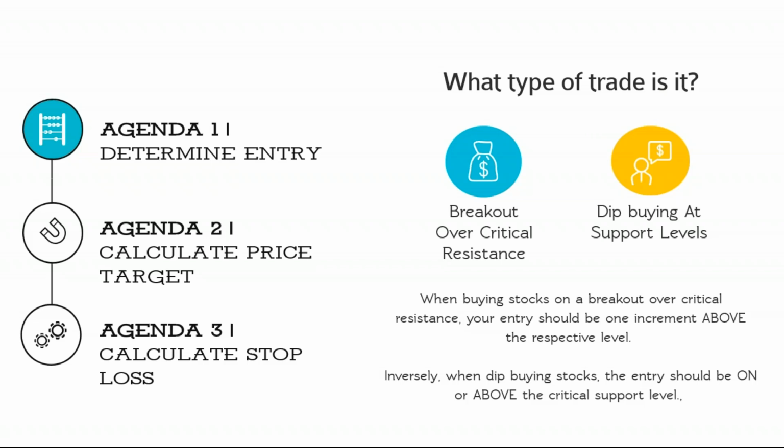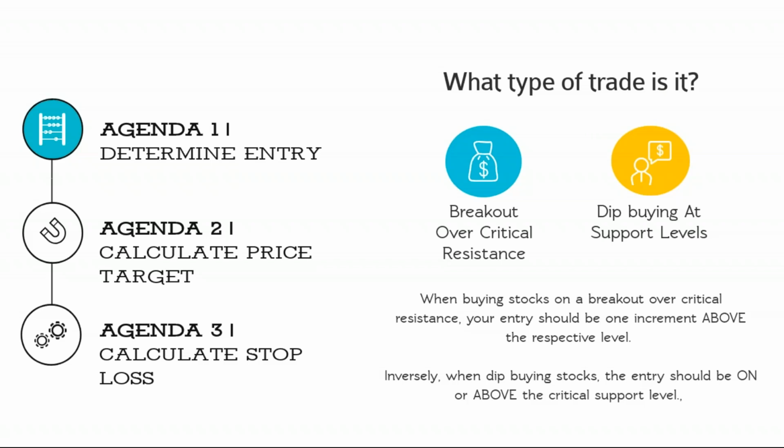It's not 1 penny in this case, it's one increment. So it's important to know that when you are buying above that resistance level, it does matter how many zeros there are, how many increments there are above that decimal place.